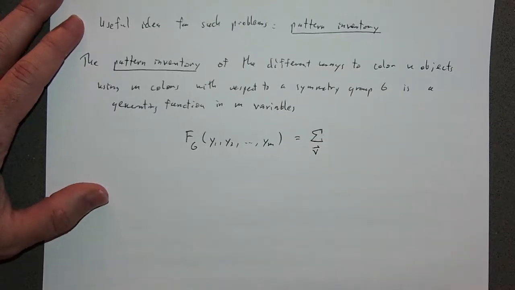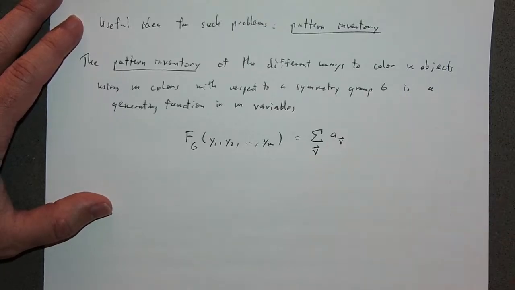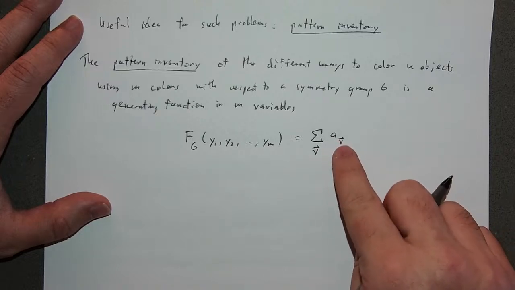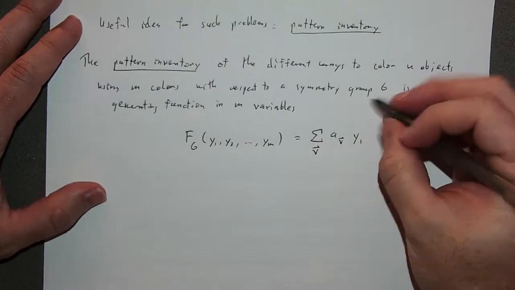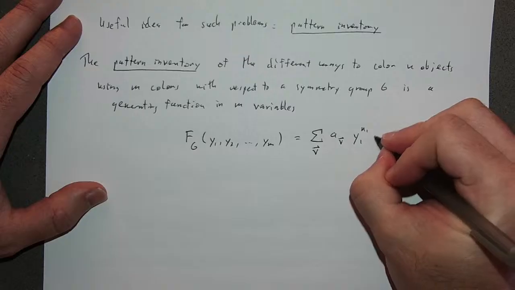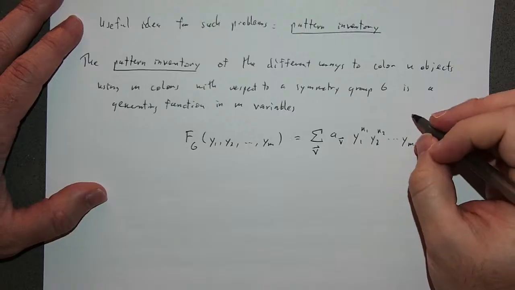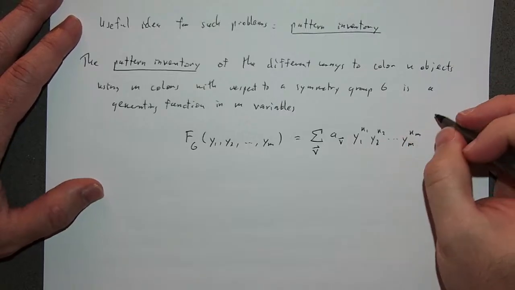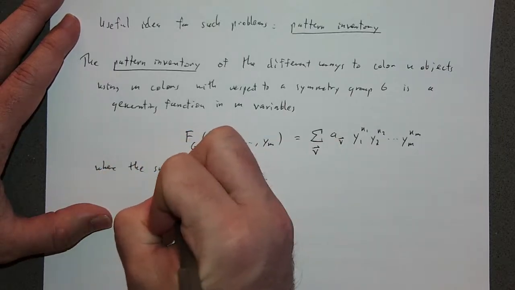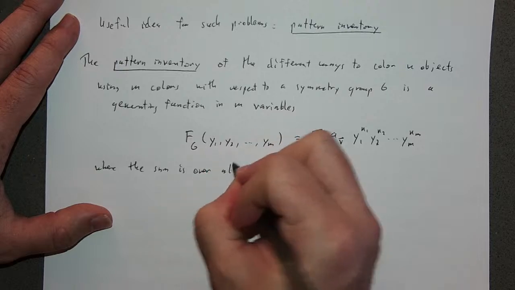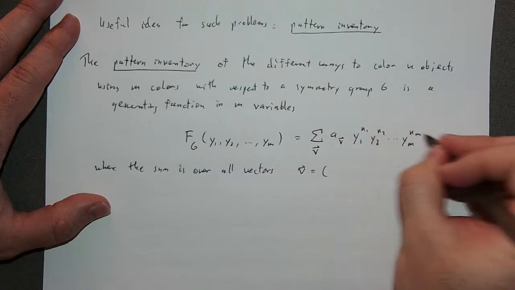I'm going to write it as a sum over vectors v. The coefficient here will be written as a sub v, so the index of this coefficient is actually a vector, times the product of these variables raised to differing powers, so y sub 1 to the n sub 1, y sub 2 to the n sub 2, and so on out to y sub m to the n sub m, where the sum is over all vectors v containing these exponents.